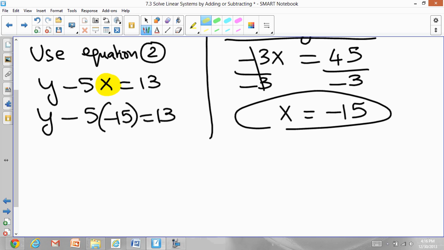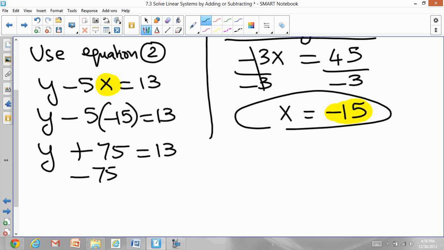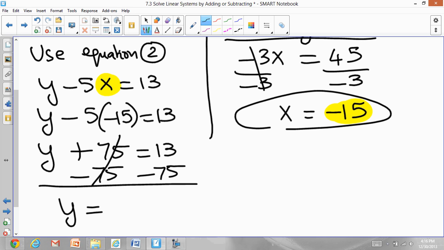My x takes on negative 15. So I'm going to do y plus 5 times 15, which is going to give me 75, equals 13. This is your one-step equation, minus 75 on both sides. Cancel. You get y equals negative 62.